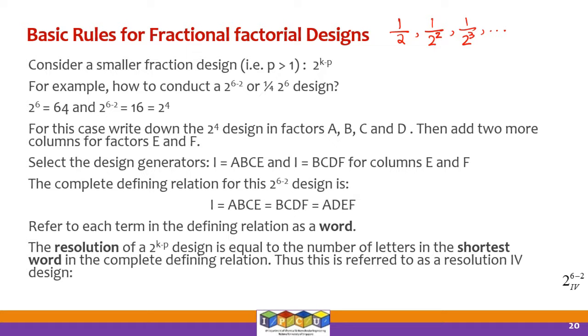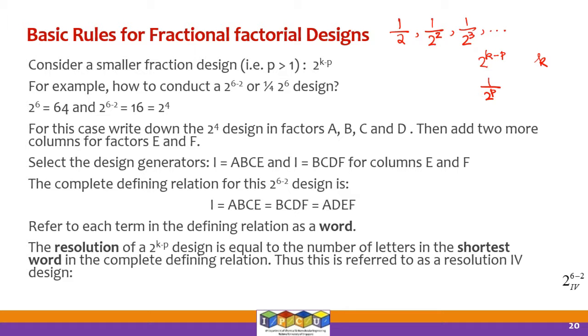So if you are able to afford only 2 to the power of k minus p experiments on the system, and you have to explore k factors, and each factor you would like to explore at 2 levels, because that would be the minimum exploration that one can do, what you should do is you need to have this 1 by 2 to the power of p fraction. That is all you can do, and that's what you should do.